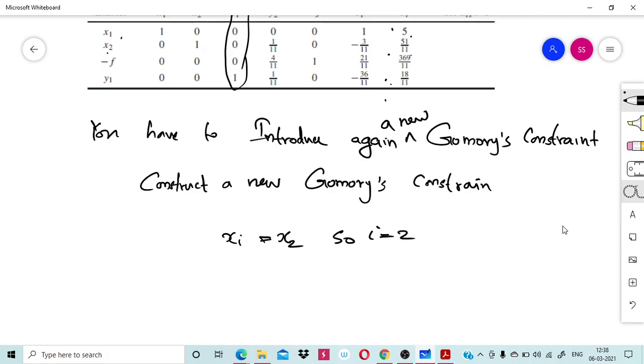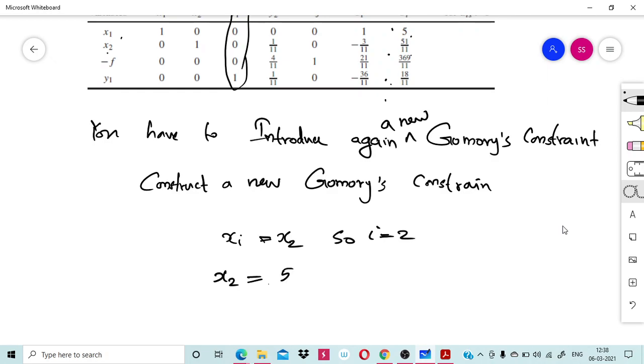I'm skipping all the previously explained steps and directly writing x2 in terms of the non-basic variables.